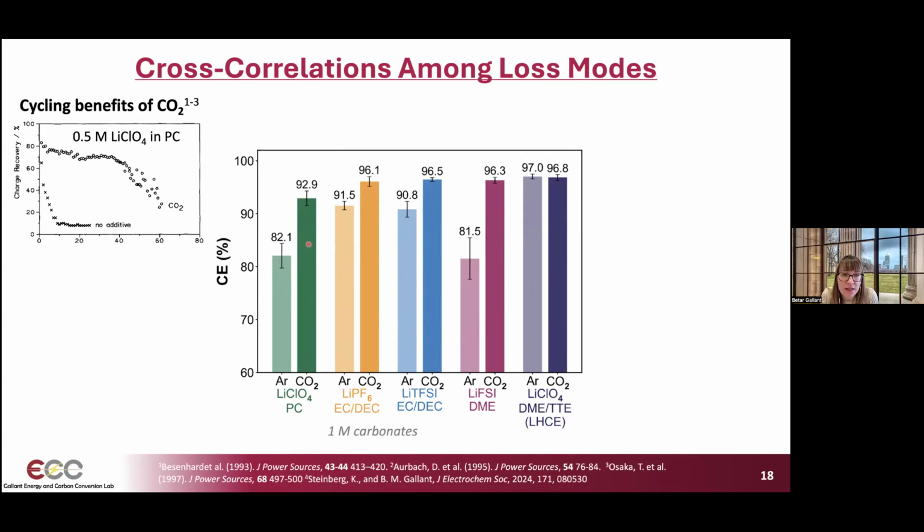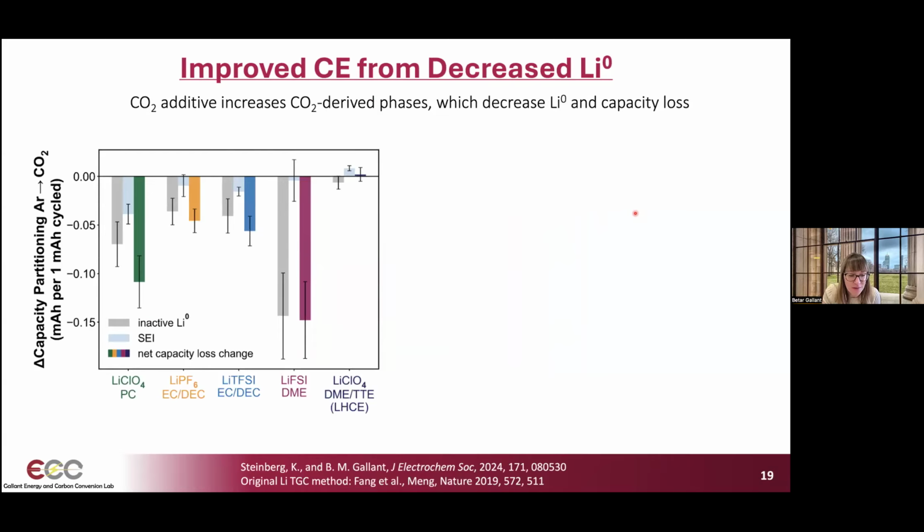So we validated that in 4 out of 5 cases, you see indeed an increase in the Coulombic efficiency when we have CO2 present in the cell. The exception is this over here, the LHCE, where we started with a high Coulombic efficiency and we ended high. So we saw a negligible impact. So now we have kind of a playground, if you will, to try to understand what's going on under the hood.